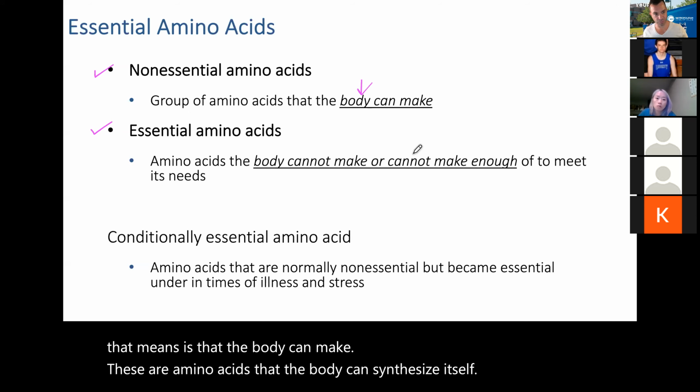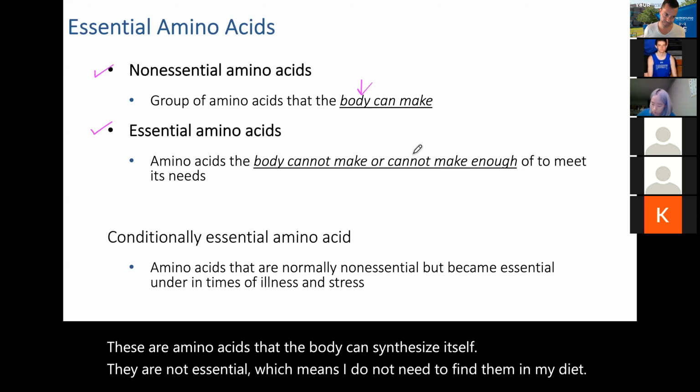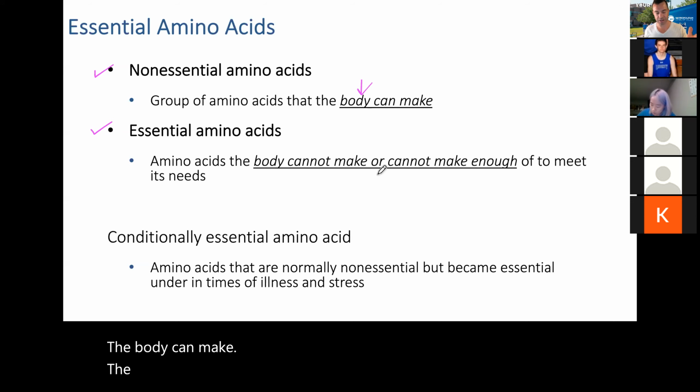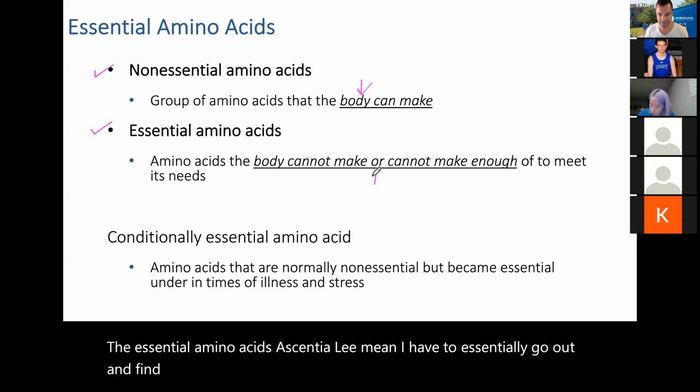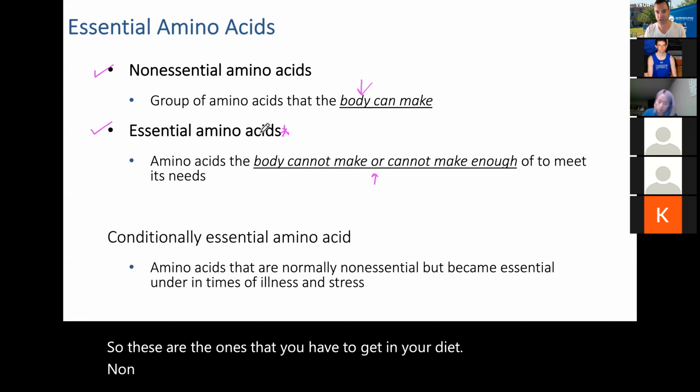They're non-essential, which means I do not need to find them in my diet. The essential amino acids essentially mean I have to go out and find them. The body cannot make them. So these are the ones that you have to get in your diet.